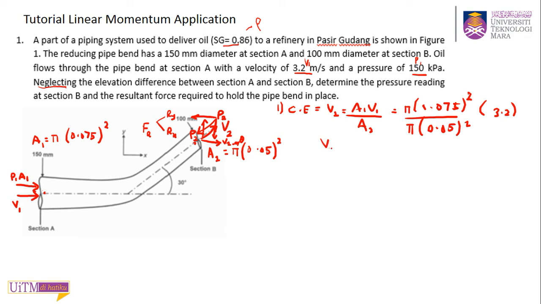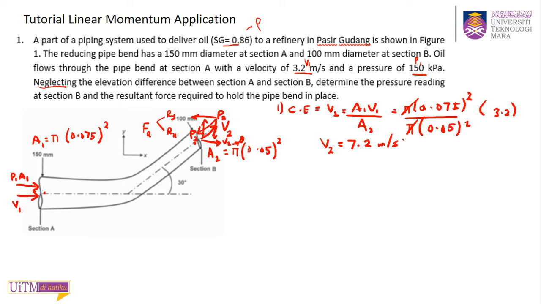What is the value for V2 here? 0.075 squared over 0.05 squared, times 3.2. Anyone can calculate? Okay, 7.2, 7.2 meters per second.